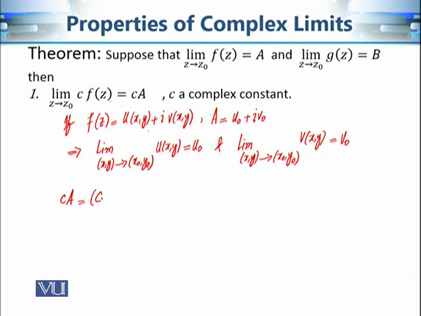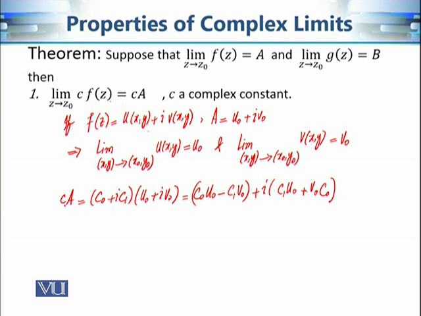So ca becomes c0 plus iota c1 multiplied by u0 plus iota v0. So this becomes c0 u0 minus c1 v0 plus iota times c1 u0 plus v0 c0.